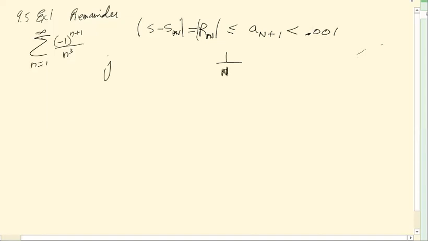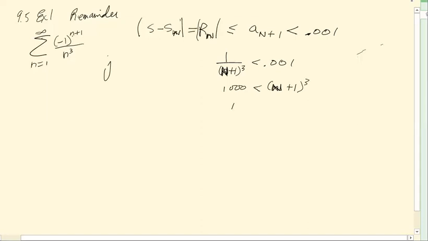And we could work it either way. I could say 1 over (n+1) to the third is less than 0.001, which means 1,000 is less than (n+1) to the third power.